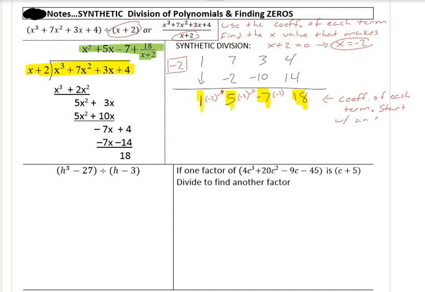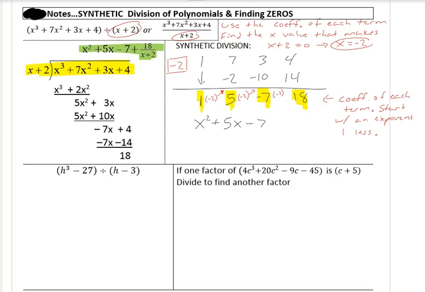But we start with an exponent 1 less because we already divided. So for example, I started here with x cubed, which means this first one is going to be x squared. So 1 in front, but we don't need it, plus 5x minus 7.